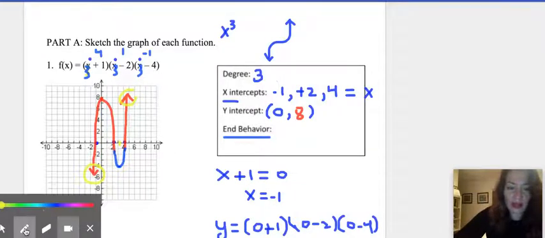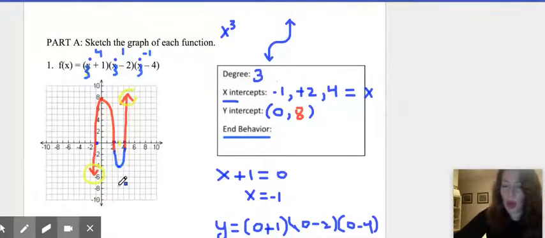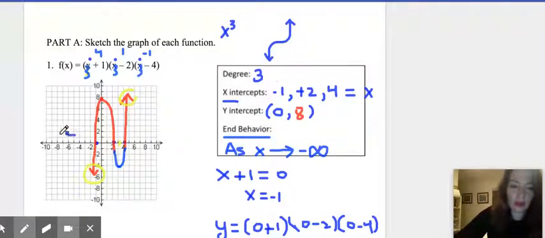As I mentioned in class, we want to say what happens to y as x goes to the left, and what happens to y as x goes to the right. Instead of saying left, we could say negative infinity. So anything going in this direction is negative infinity.